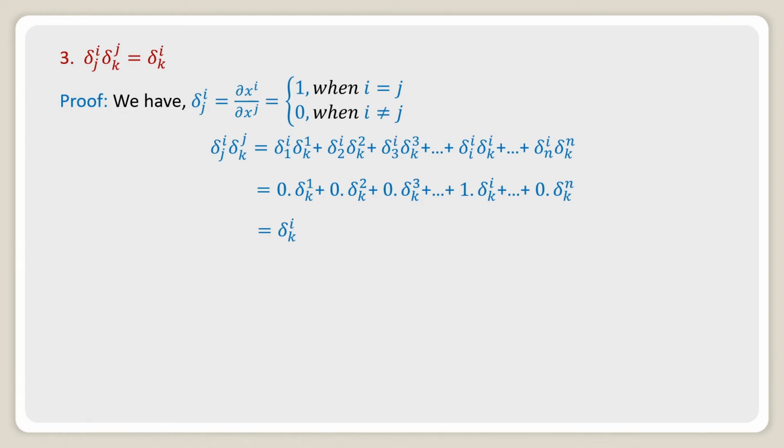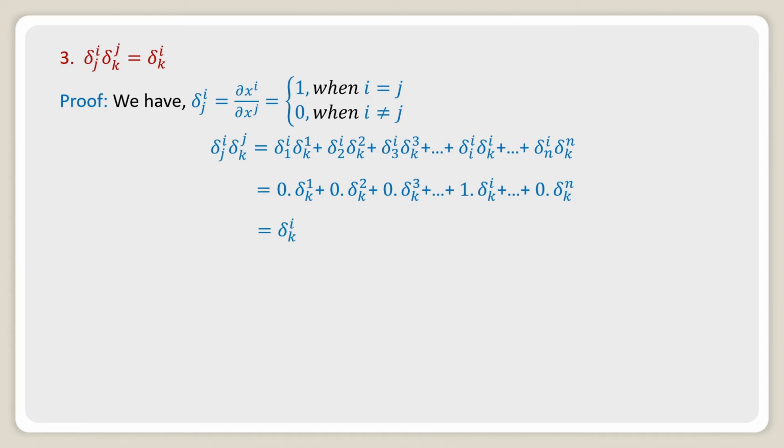The last term is given by delta in into delta nk, and the value of the first term will be 0 as delta i1 is equal to 0. Again, the value of the second term is also 0 because delta i2 is 0. Delta i3 is also equal to 0 because upper suffix and lower suffix are different, and you will get 1 in the ith term, that is given by delta ii.